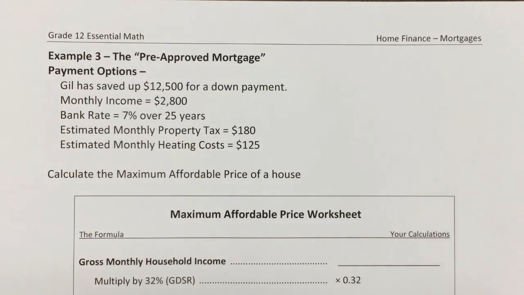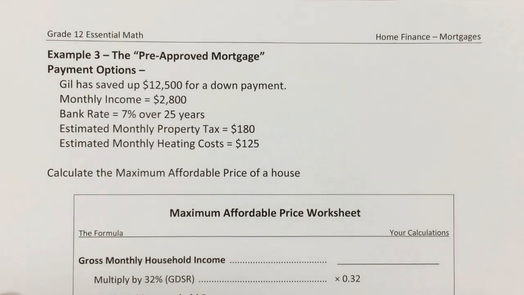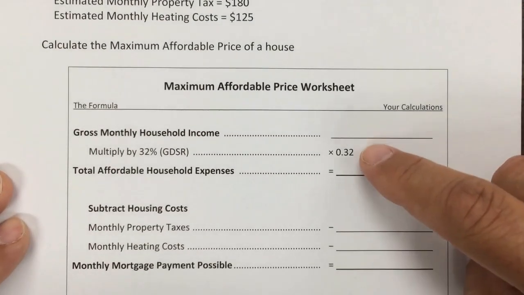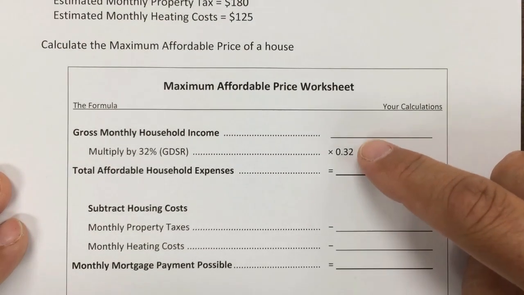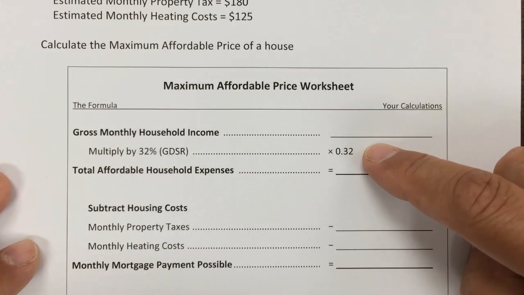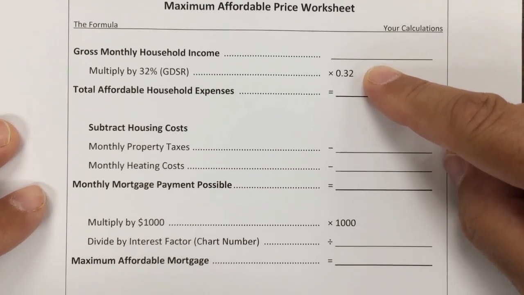And what they do is they work backwards from the gross debt service ratio. If we quickly glance down at that form, maybe that 0.32 or the 32% is an interesting value. We've seen that one with the gross debt service ratio, and it also works backwards with the amortization period.